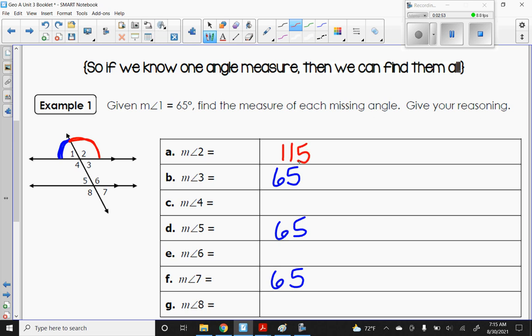That is 115 plus 65 is 180. That's how I got that. Angle 6 is another obtuse 115. Angle 4 is vertical and congruent to angle 2. Angle 8 is vertical and congruent to angle 6. So all these are 115.